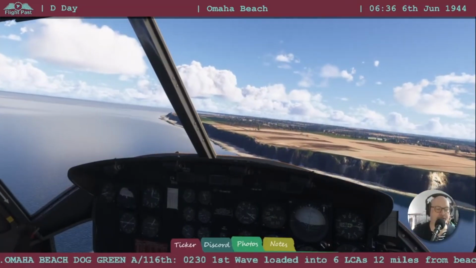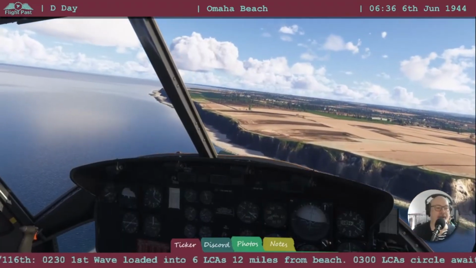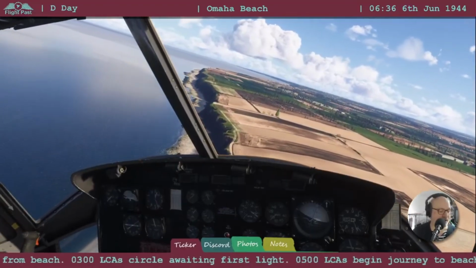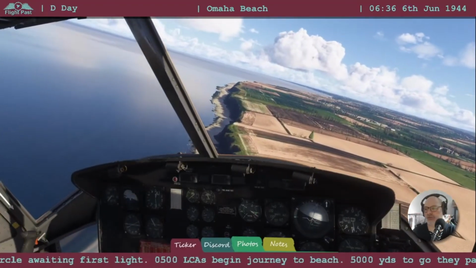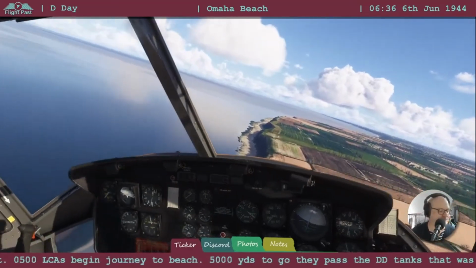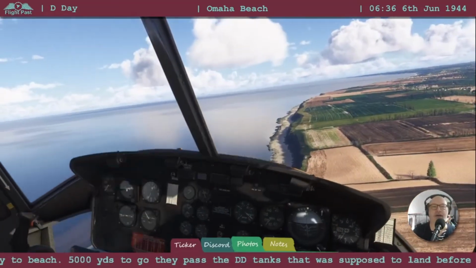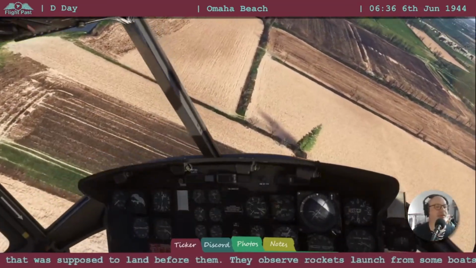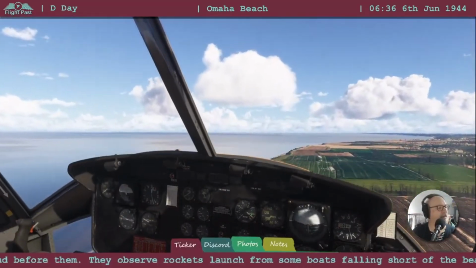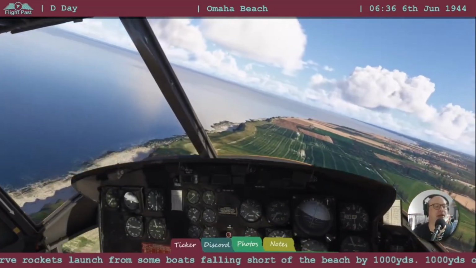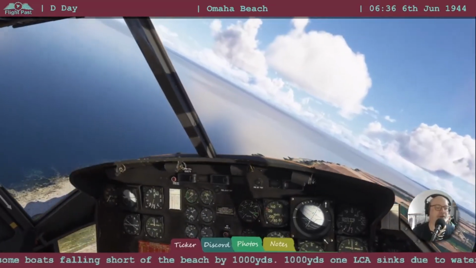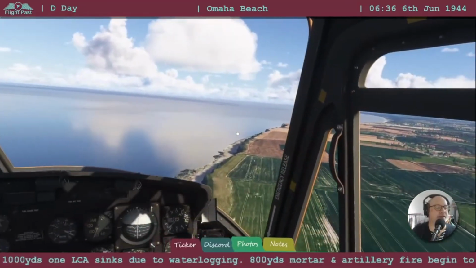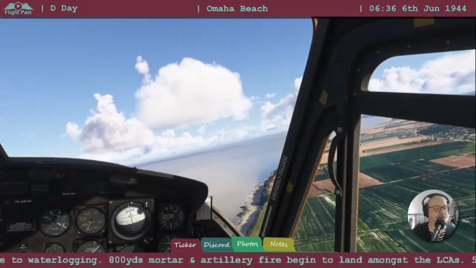What we'll do is we'll just have a little discussion about the planning, and then we'll do a recreation of the move-in. I've got a copy of the general critique, which was the after action report. It's in this book here called Normandy D-Day Landing Beaches by Major and Mrs. Holt. It's a battlefield guide, and in it it's got the after action report from basically the few people who survived the day.